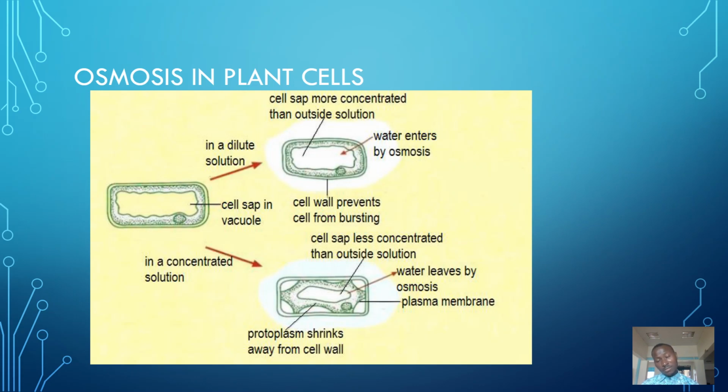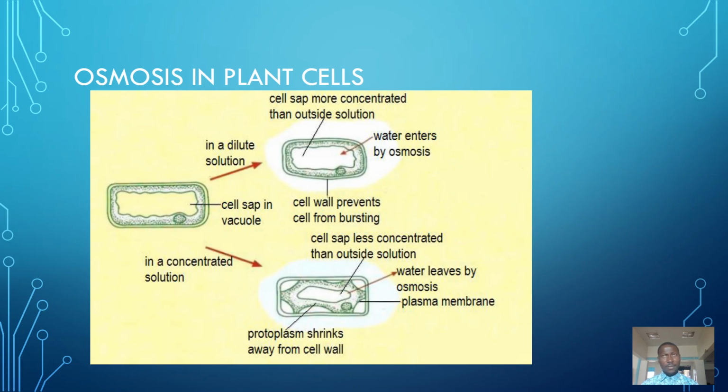The cytoplasm and the vacuole shrink away from the cell wall, causing the cell to become flaccid, a process known as plasmolysis, the shrinking of a plant cell as a result of losing water to the surrounding concentrated solution by osmosis.